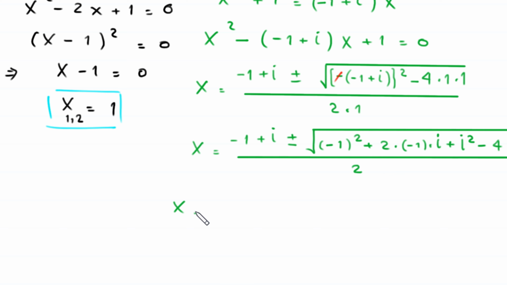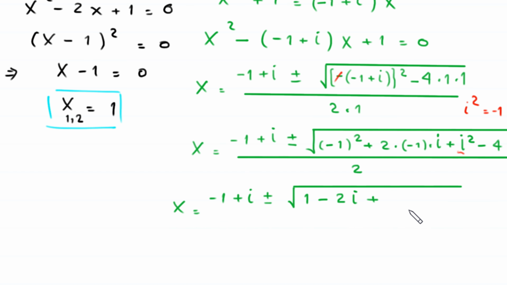Next, x is equal to negative 1 plus i plus or minus square root of, this negative 1 squared will become positive 1 and 2 times negative 1 times i, negative 2i, plus we replace this i squared, since i squared is equal to negative 1, so we replace this i squared with negative 1 and this negative 4 divided by 2.